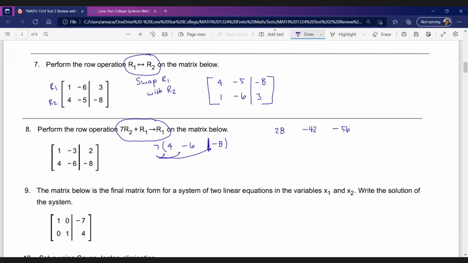And it says to add it with row 1, which is 1, negative 3, 2. So the new row 1 will then be equal to 29, negative 45, negative 54. So we have 29, negative 45, negative 54, 4, negative 6, negative 8.